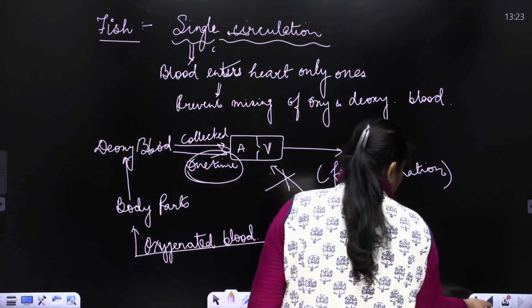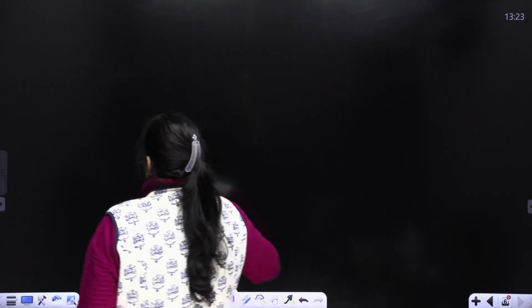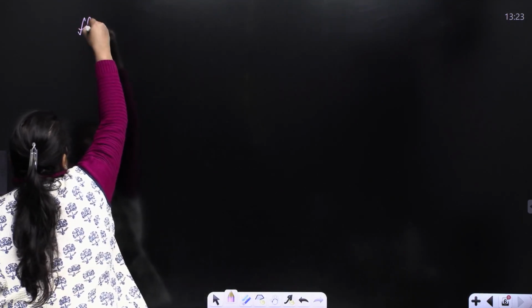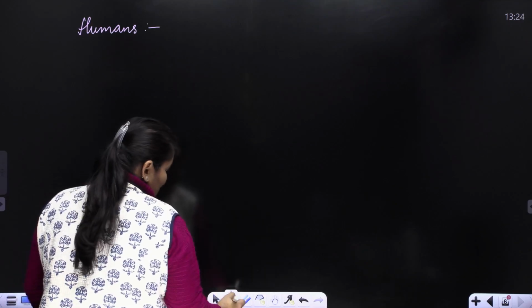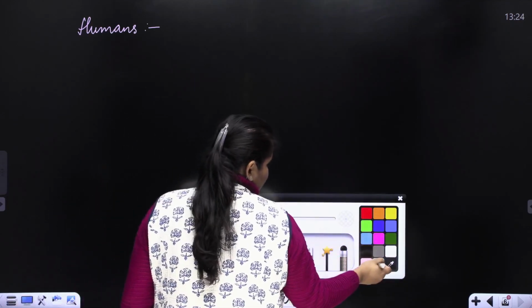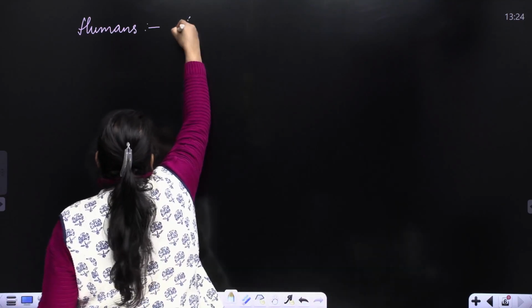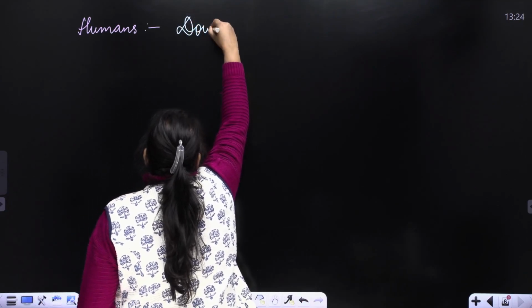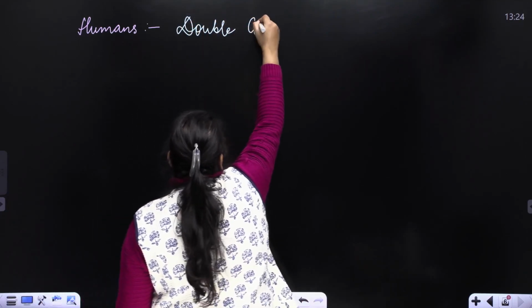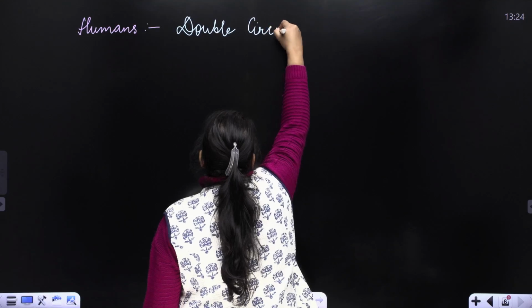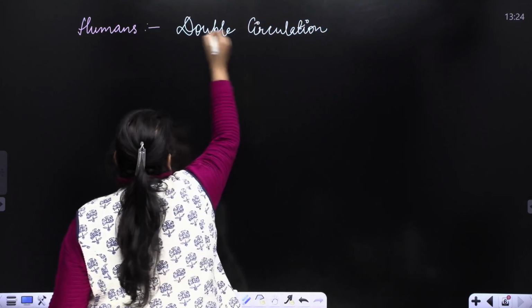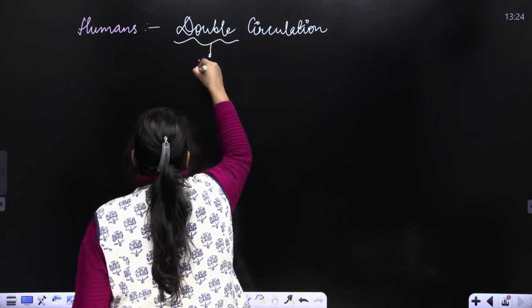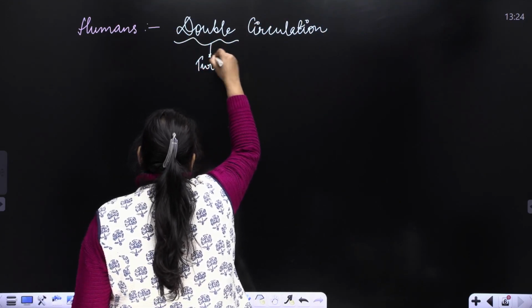Let us talk about human beings. In the case of humans, it is known as the double circulatory system or double circulation. As the name suggests, double means twice.